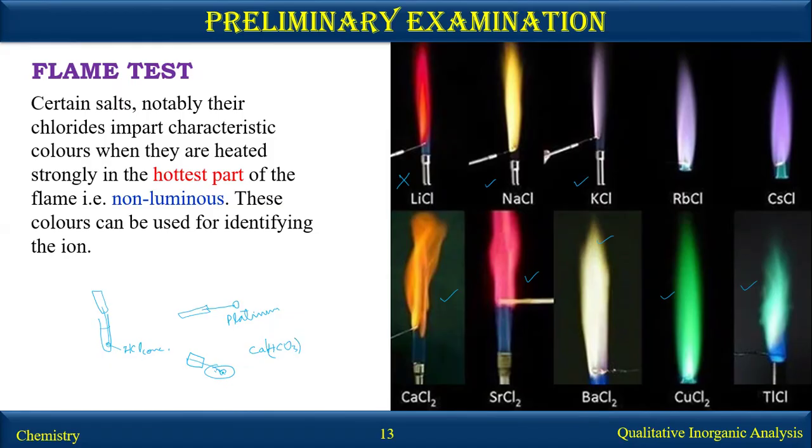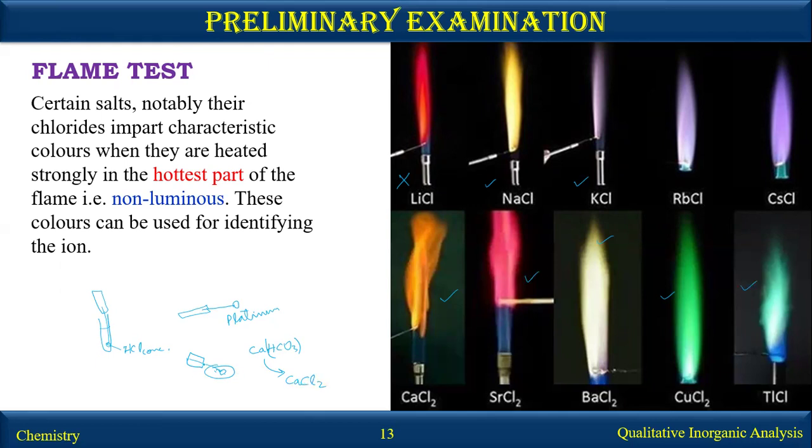When you touch this platinum wire loop from concentrated HCl to the salt, what happens? A reaction occurs there, and it is converted into its chloride.